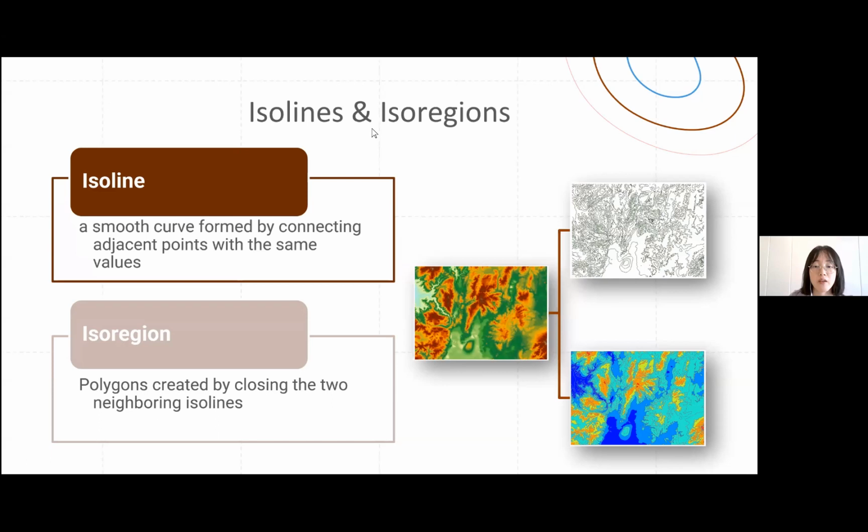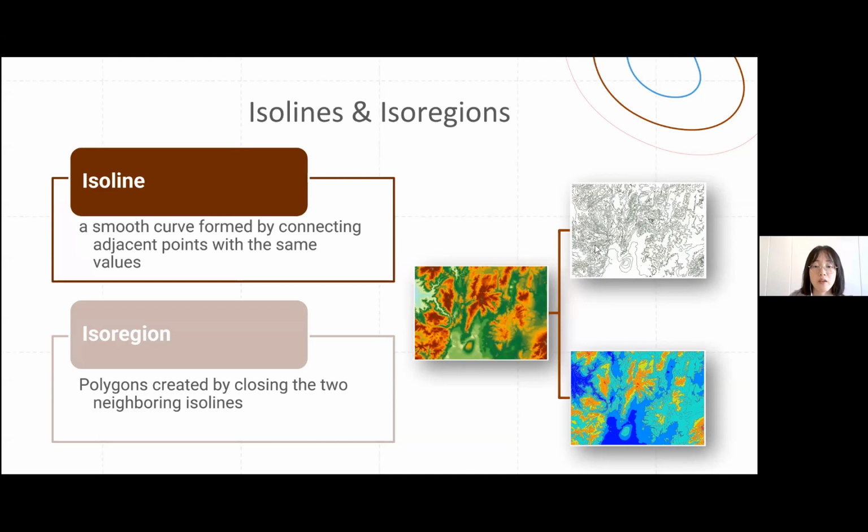And so here you can see we have created isolines and isoregions for this DEM data, and we can find that on the left part of the region there is a dense distribution of those isolines. That indicates there are rapid changes in the value of elevations in this area. And as a contrast, on the bottom middle, there are very sparse isolines.